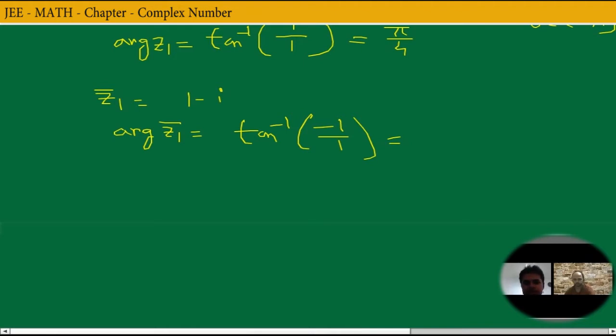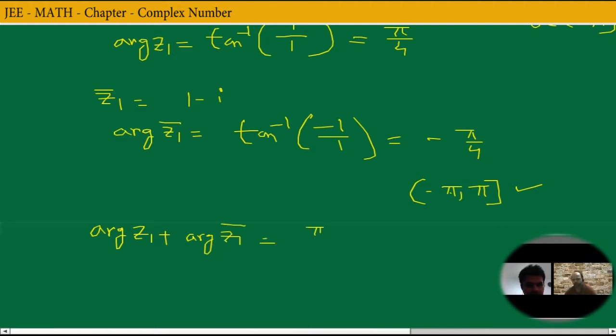Yes. Okay, because we have to ensure that it should lie in the range. We just have to mention this, otherwise it is not possible. So here it lies in this. So what does it mean? If we try to add, what will you get? Pi over 4 plus negative pi over 4.